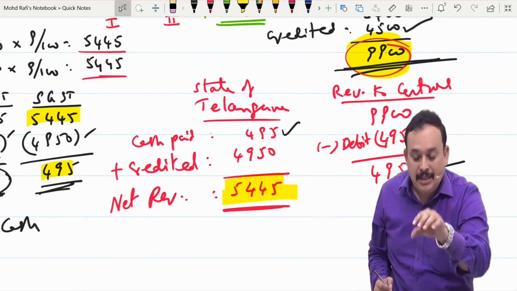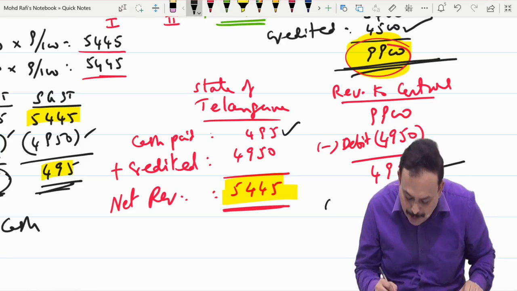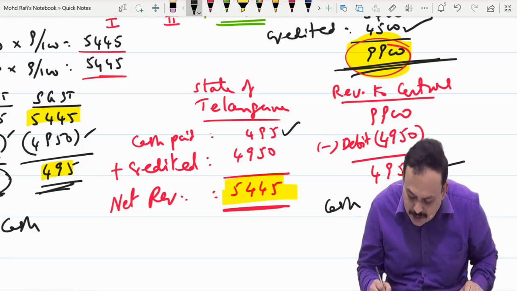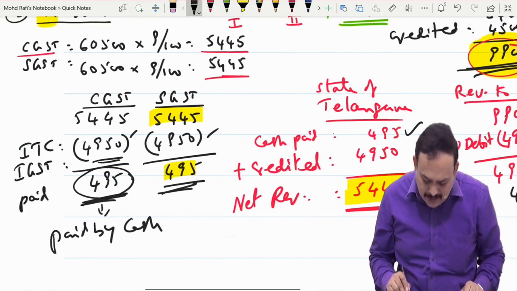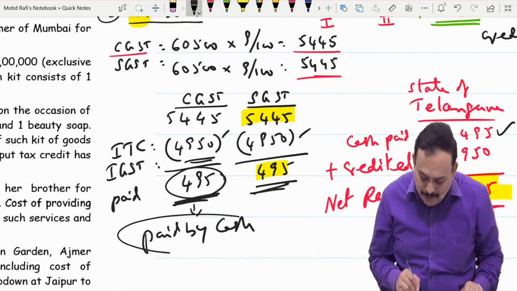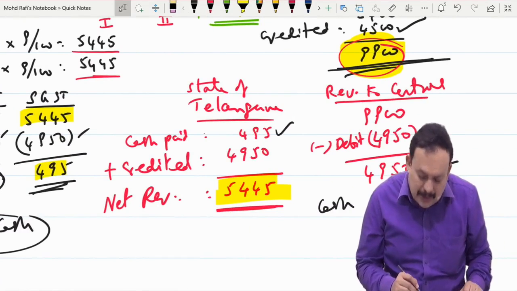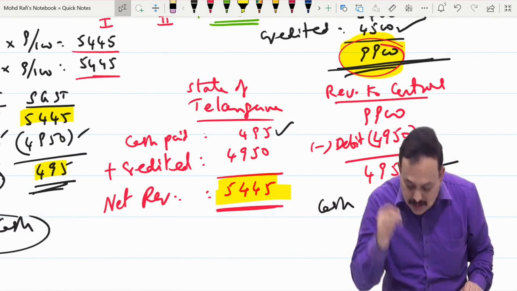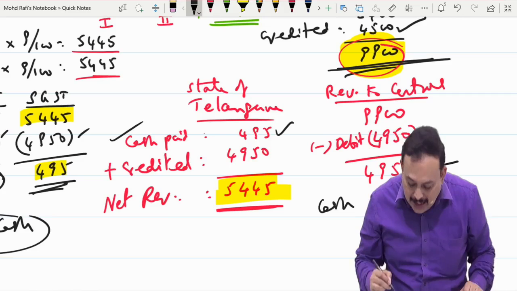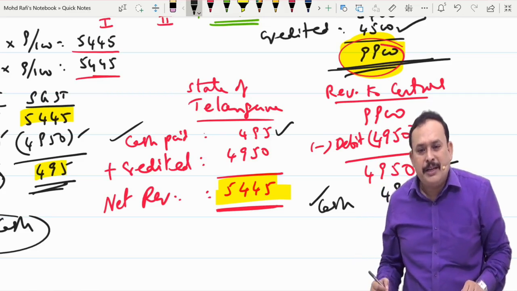Central clearing agencies, already central government. You have with you how much? Cash. 495. Is this the amount? This amount. So, Mr. X paid to Telangana state 495 by cash and to the central government 495.